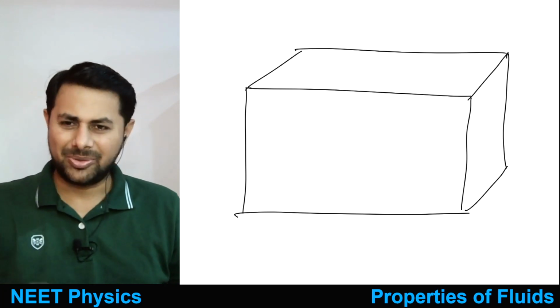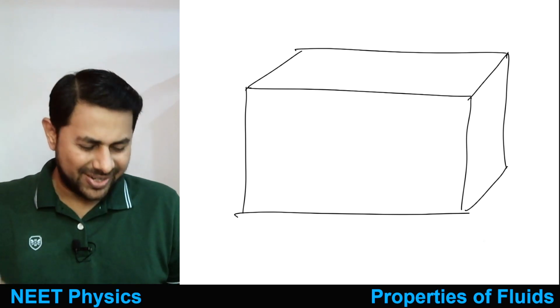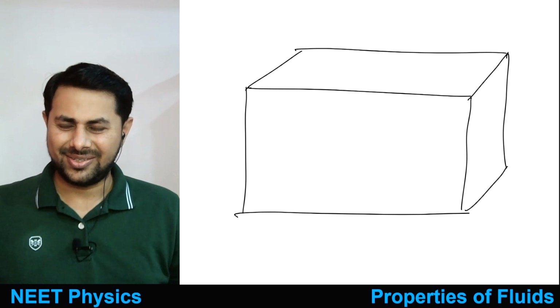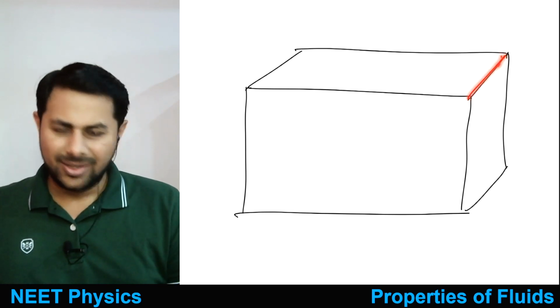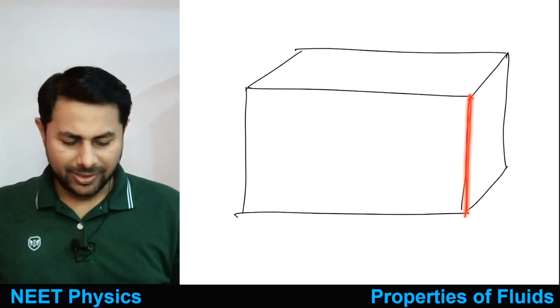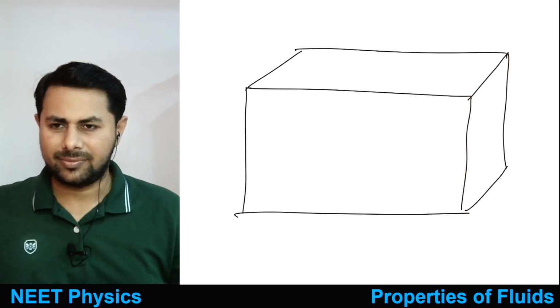You cannot see objects of size 10 raised to minus 9 meter. So there will be one free surface and one free surface on the other side.